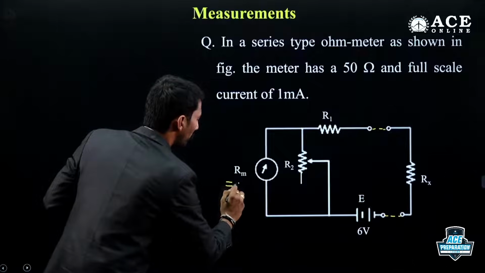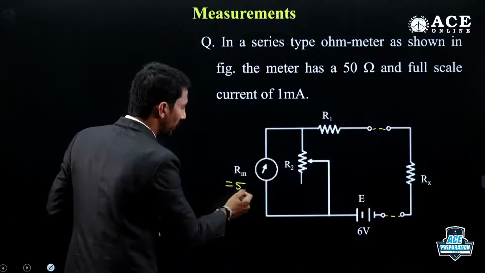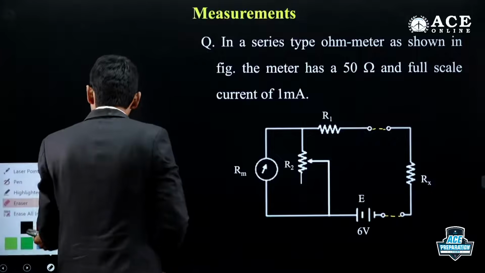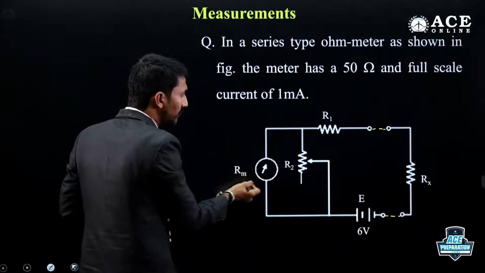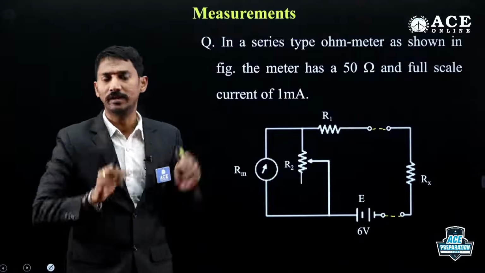So the meter resistance is 50 ohm. And what is the full scale value of this meter? 1 milliampere. Only the data he has given, I have taken.